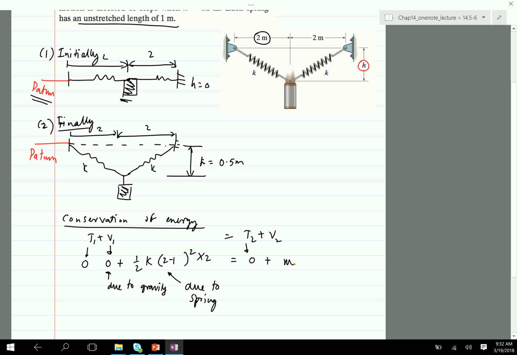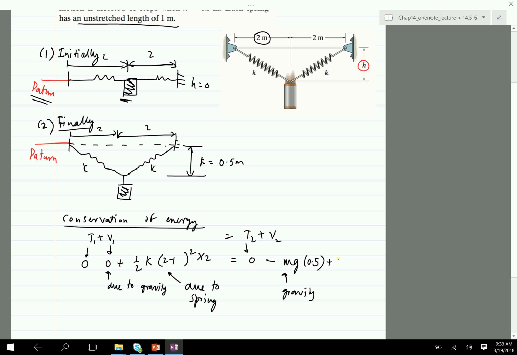It's mg times the drop, which is 0.5. Is it positive or negative? It's negative because if you look at the notes, when you drop down, it's going to be negative. So gravity. And then finally, what's the energy due to the spring?